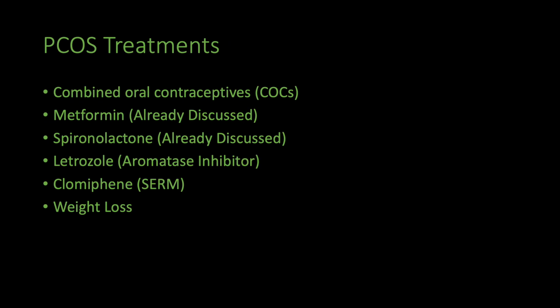In terms of polycystic ovary syndrome treatments, these are some of the medications that are used to help treat some of the symptoms, as well as either preventing progression to pregnancy or increasing pregnancy progression. I'm sure you've heard of oral contraceptives or seen them in the pharmacy.